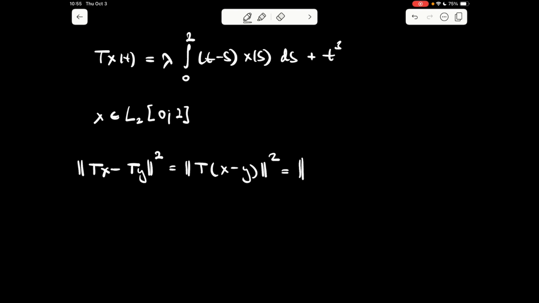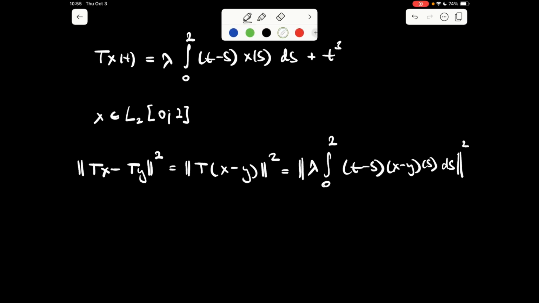And note that the integral operator is linear, so we have this function, okay, and we can be sure that this function belongs to the same state space.